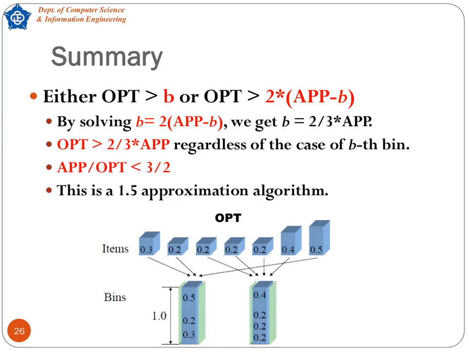For instance, the first bin perfectly accommodates items sized 0.5, 0.2, and 0.3, completely filling its capacity. Similarly, the second bin neatly holds items sized 0.4, 0.2, 0.2, and 0.2, also completely filling its capacity.